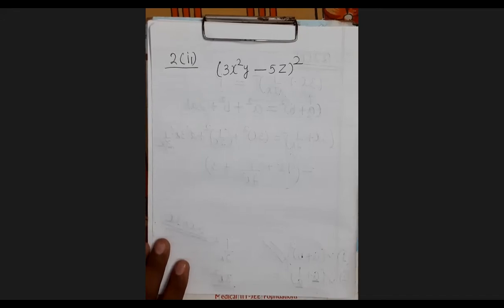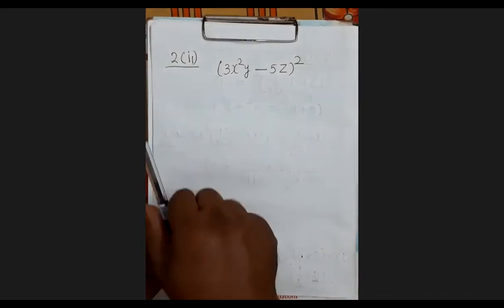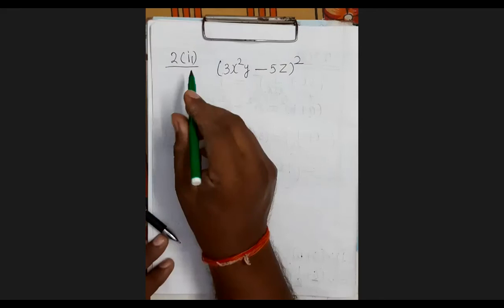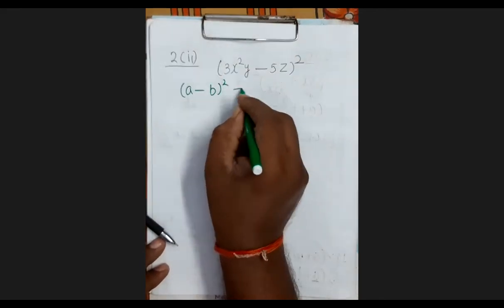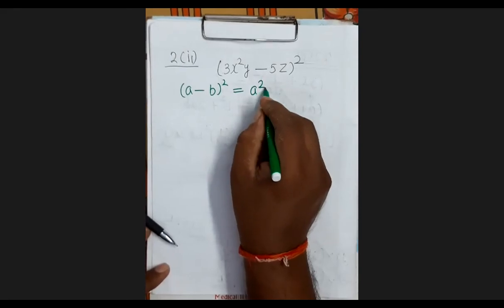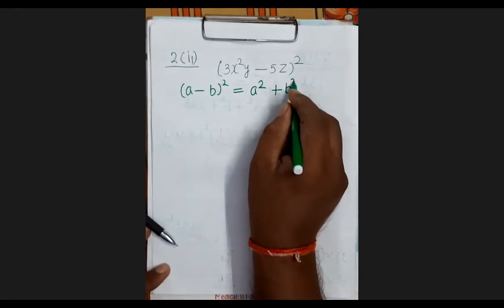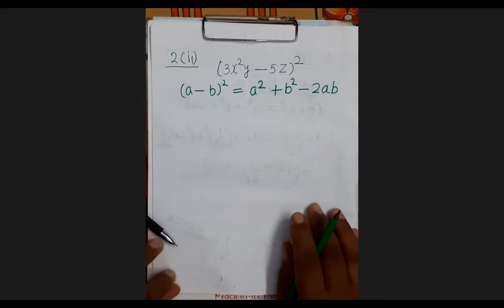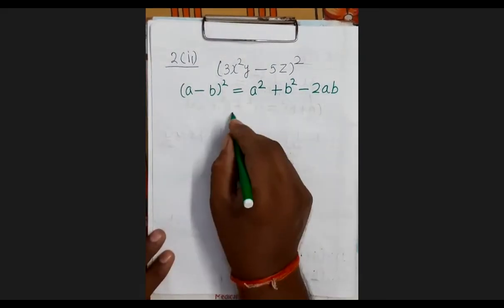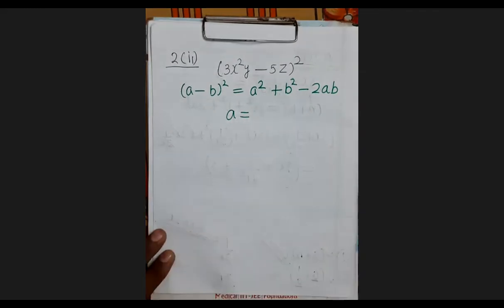Now which formula will you use? Very simple, you will use this formula: A minus B whole square equals A square plus B square minus 2AB. What is in place of A? Who will tell?